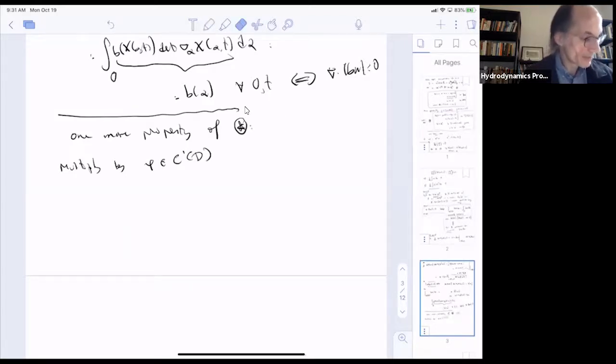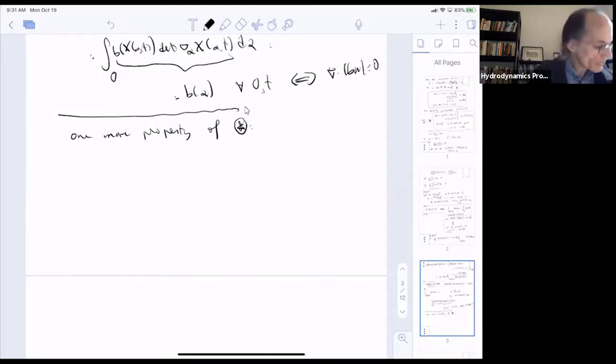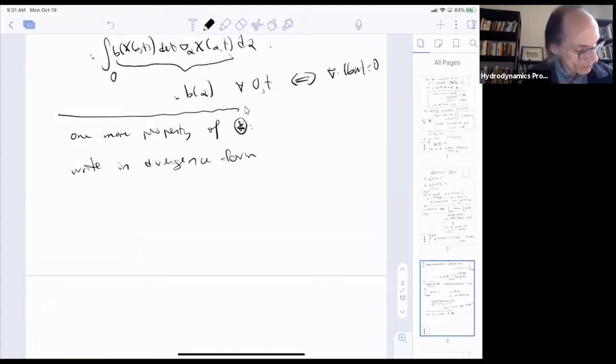Okay, sorry. So we write in divergence form. And then, okay, it's not quite divergence form, it's almost divergence form.